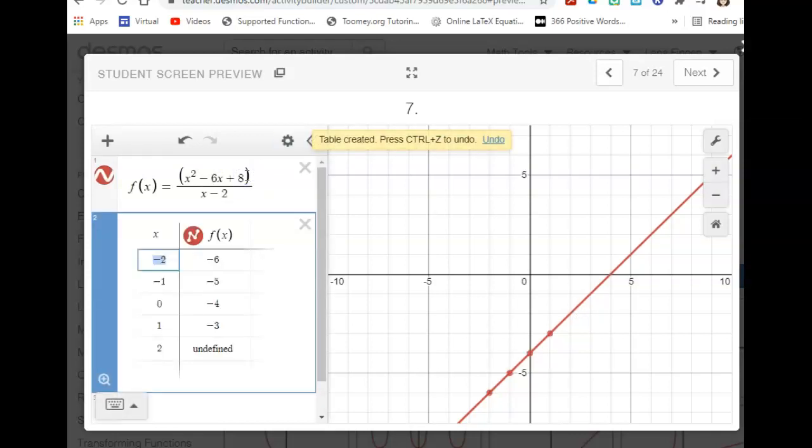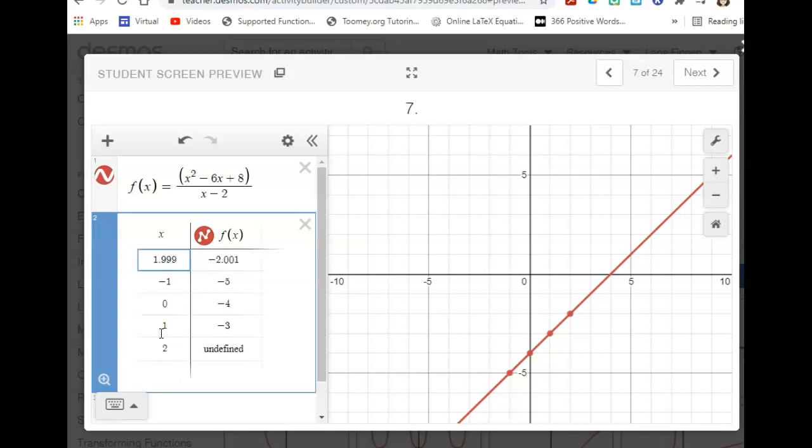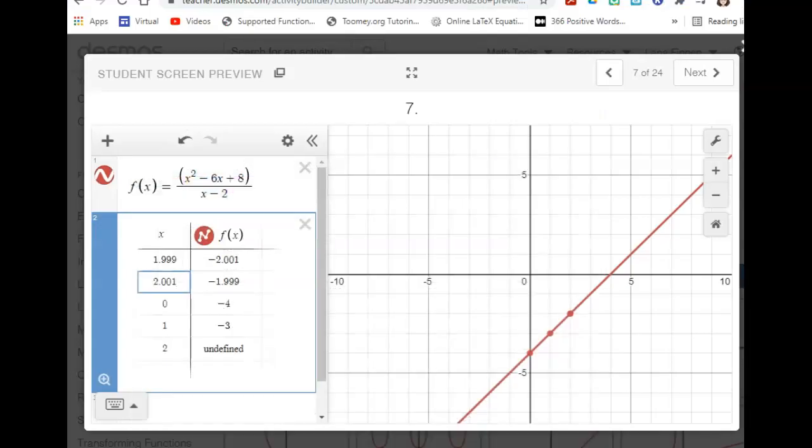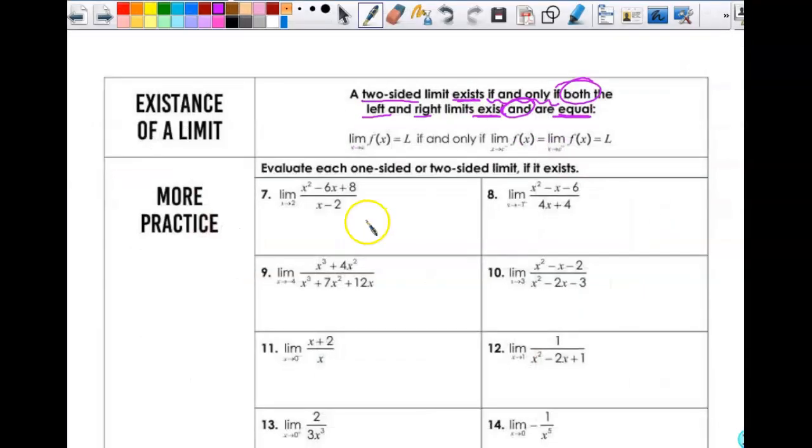But really, I just need to be on either side of 2. And I can tell when it's 2, it is undefined. But I can put in 1.999 for that one and 2.001. And then just look at these. And I can see that I'm on either side of negative 2, not 2. So my answer is negative 2.